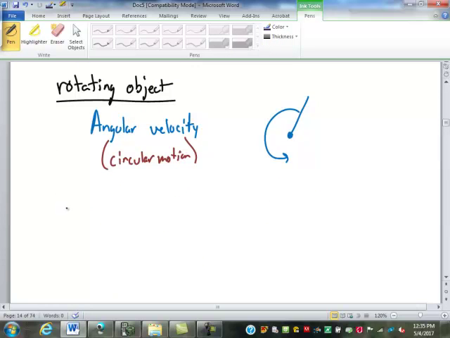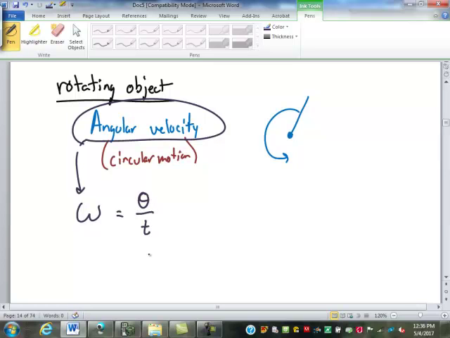So we identify something called omega, or not, that is actually small omega. It looks like a kind of a plump W. That is the symbol for angular velocity. It is equal to the degrees, the angle that we've rotated, divided by the time.